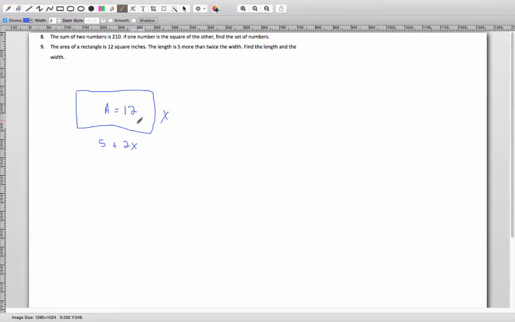Since the area is just length times width, I'm going to write it out: x times 5 plus 2x, and set that equal to 12. Here we have another quadratic, because when I distribute you're going to have an x squared term. So 5 times x, plus x times 2x, which is 2x squared, equals 12.